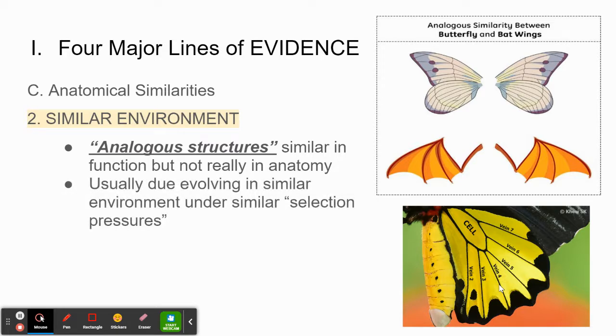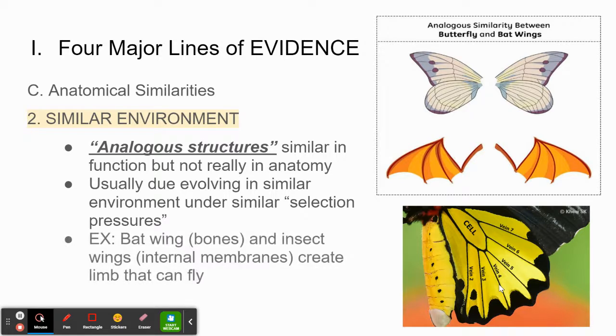So when we see that the structures really are not the same, like we saw with homologous, it's because they most likely evolved in a similar environment under a similar selection pressure. So for some reason, in the environment of bats and butterflies, there was a selective advantage provided to organisms if they could actually fly. So that can be your example of analogous structures.